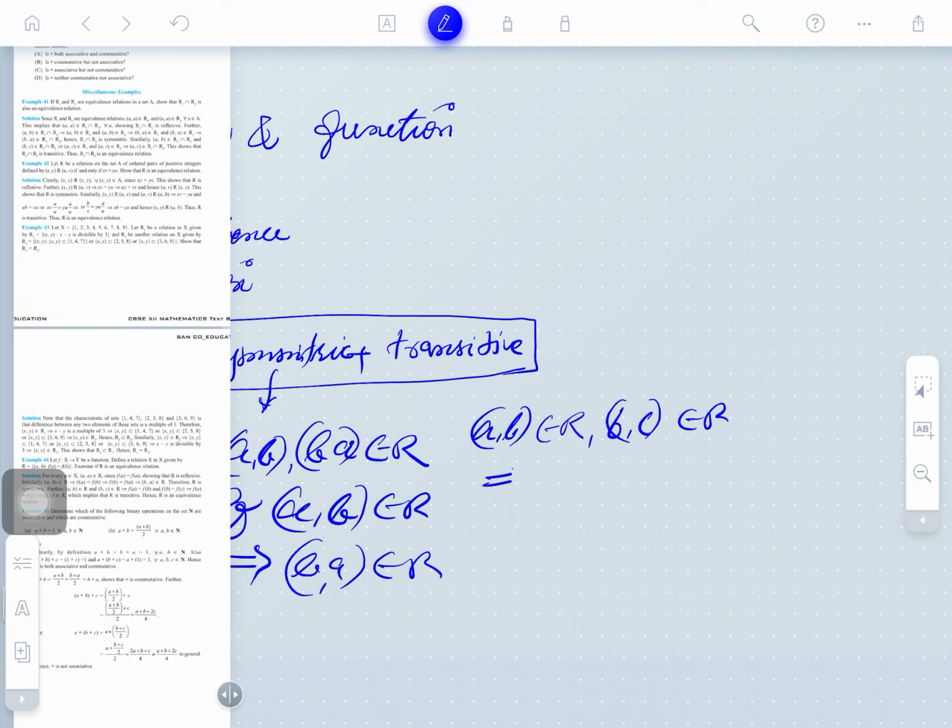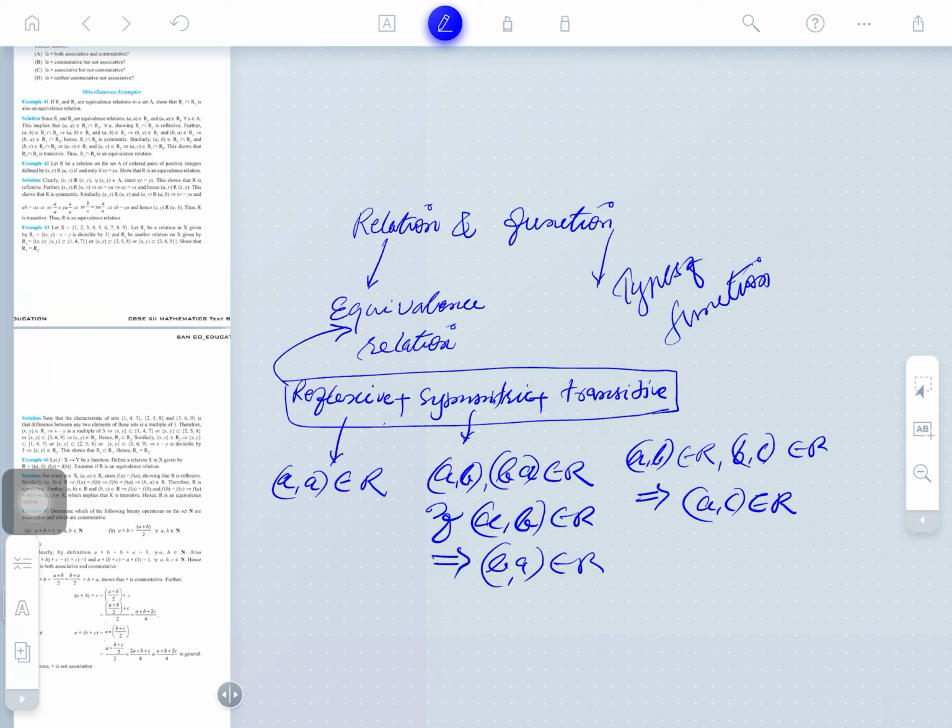First we have studied types of functions, and second I have discussed composition of functions. So the types of functions are three here.